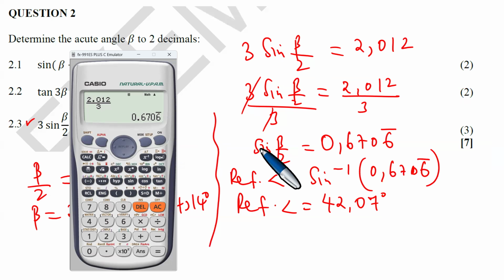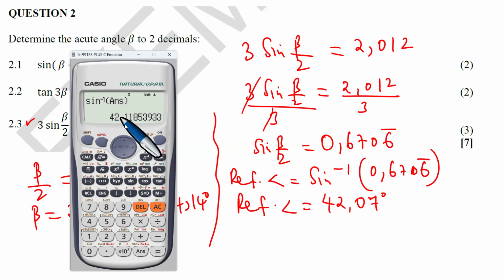And then at this point, we went on to say shift sine of the answer, and we got exactly 42.07, 42.11. It's an approximate result.